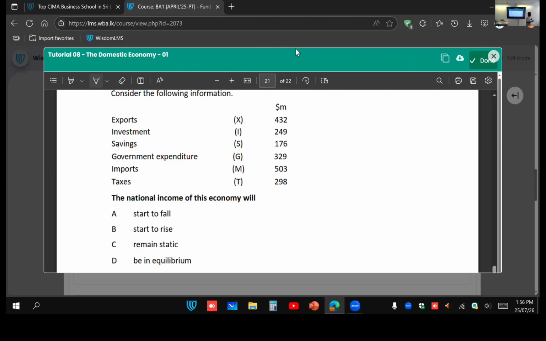I mean government investments, private investments, and everything. When more and more injections are coming, the economy is increasing and growing, starts to rise. Answer is B, no? Those who took answer B? Right. So the clarification, write it down and keep. Injections is GIX, this is TSM, that should be equal. This one is high, this one is low. So one day when you are looking at the tube, you know how you took the answer.